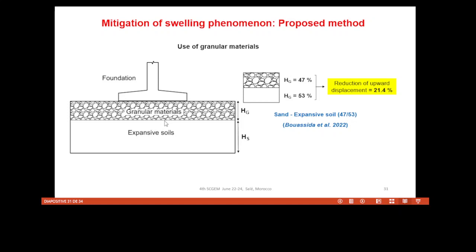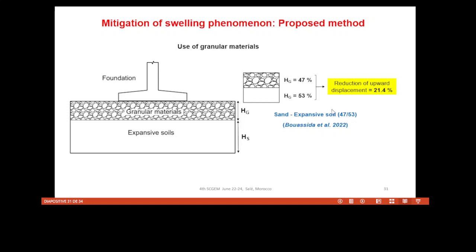The swelling pressure will be somehow reduced by the infiltration of water here, so that the swelling pressure is not fully applied when it is in contact with the foundation.